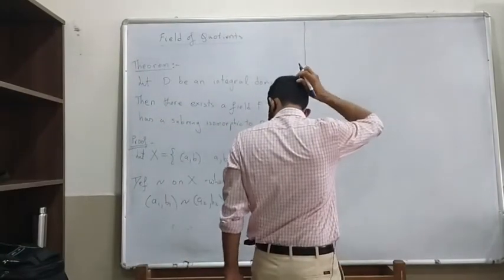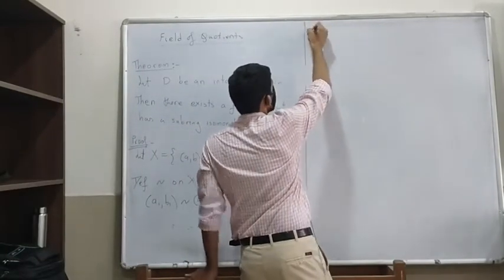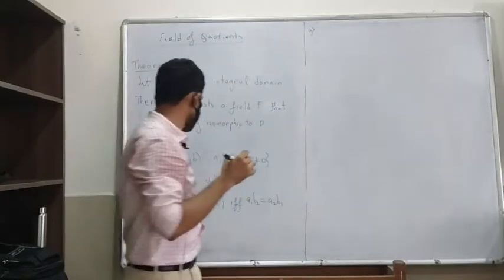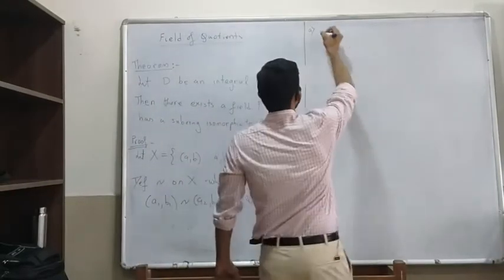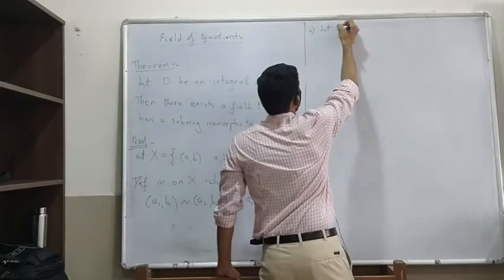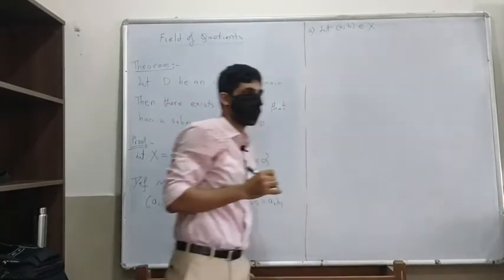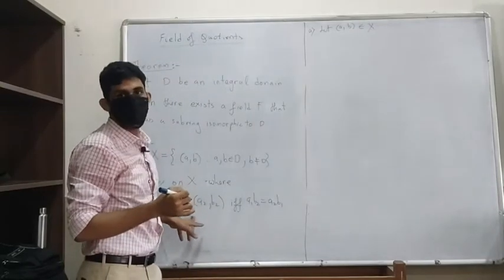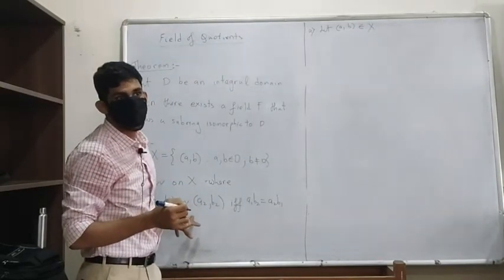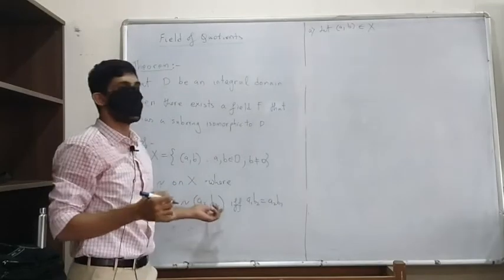I need to show that this is an equivalence relation. So first we will show it's reflexive. Can anyone tell me why it's reflexive? Reflexive means take an element in X and show that it's related to itself. How do I show it's related to itself? When will (a, b) be related to (a, b)?